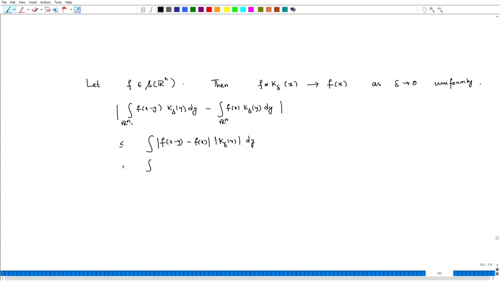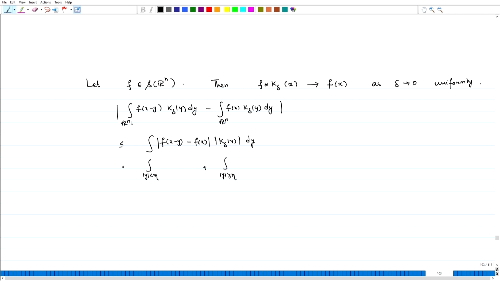So, now for the continuity of f, what we can get is that there will exist some small neighborhood of x in which |f(x - y) - f(x)| is very small. So, you choose that neighborhood, let us say that is to be our eta, and split the integral into |y| less than eta plus |y| greater than or equal to eta.